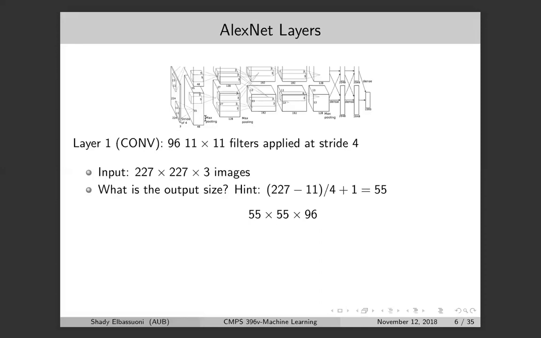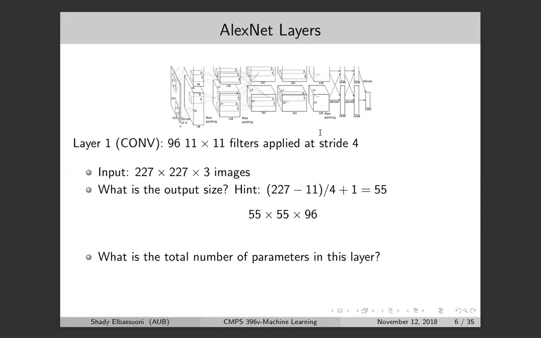Remember, the depth of the output is equal to the number of filters, and the depth of each filter is 3. So 55 by 55 by 96. That's the output of the first layer.